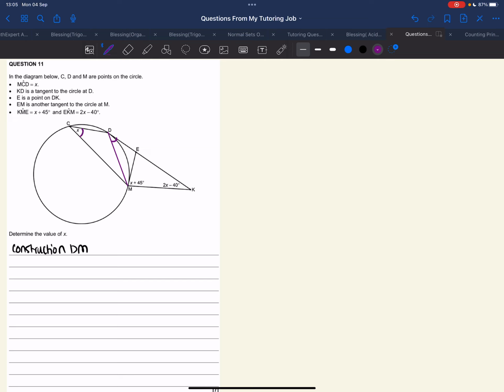And also that this one is also going to be equal to X because of the tangent-chord theorem.